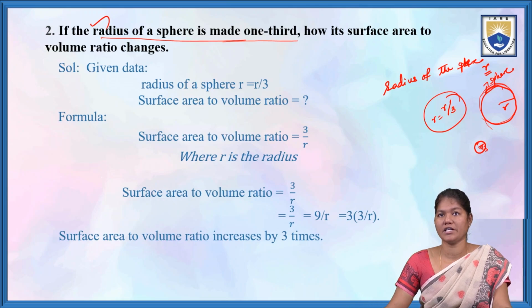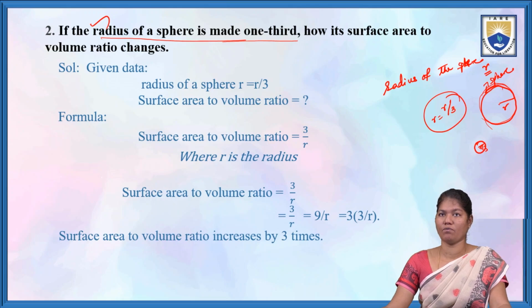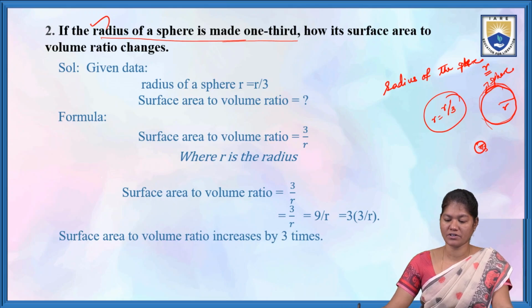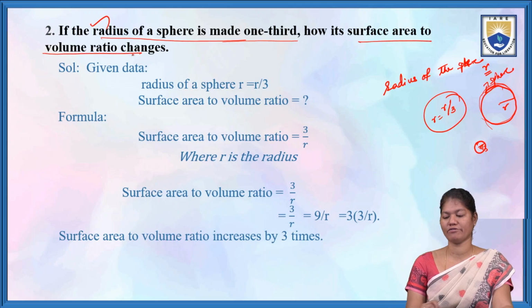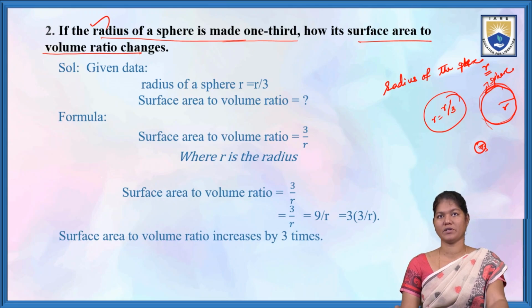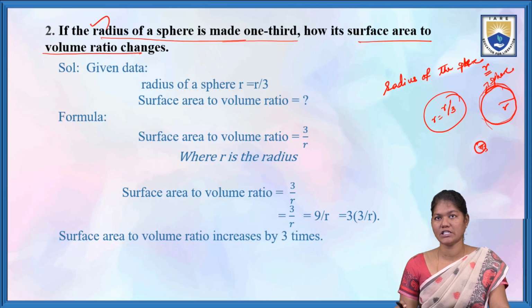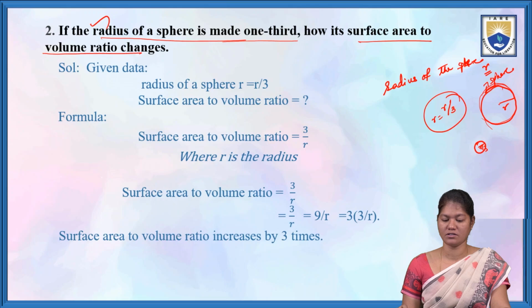The radius of a sphere is made 1/3. How does its surface area to volume ratio change? In this case, if the radius of a sphere is reduced to 1/3, how will the surface area to volume ratio change? That we are going to solve.